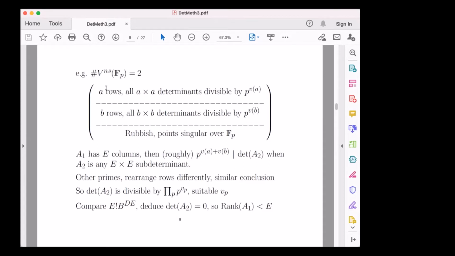So that means that if this has width E columns, the E by E subdeterminants are divisible by a large power of p. And this is true for any prime. You'd have to rearrange the rows differently, but you get a similar conclusion. So these determinants are divisible by a product of prime powers for suitable VPs.